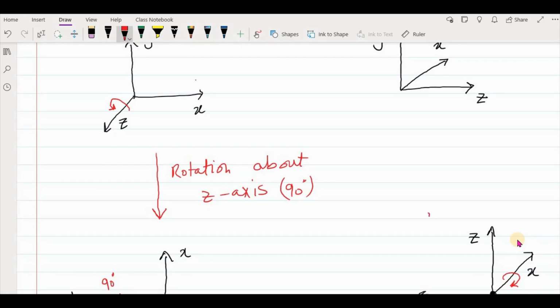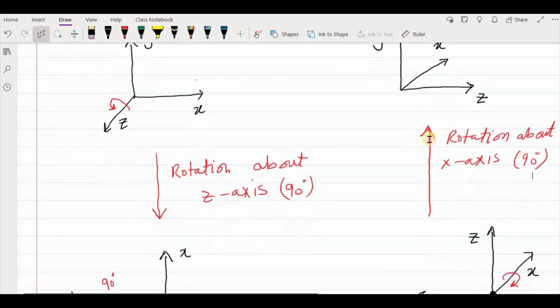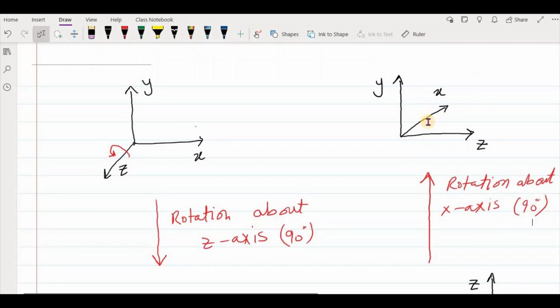We write down here rotation about the x-axis of positive 90 degrees. So we finally get this configuration, which was our desired configuration.